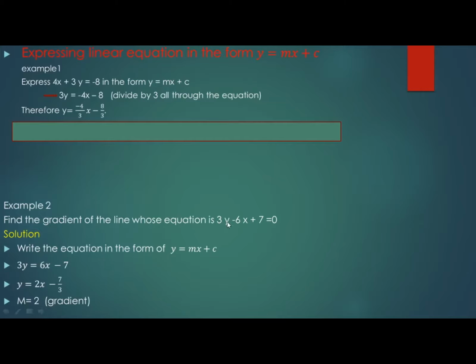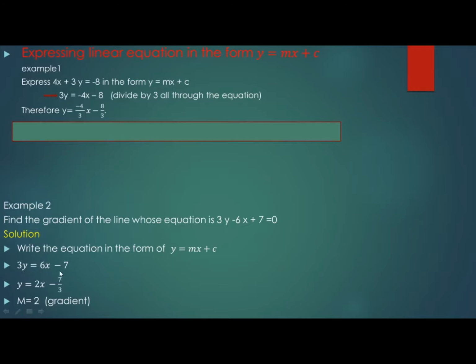So you take 6x to the right hand side and 7 to the right hand side. It will be 3y equals 6x minus 7, because 6x was negative and becomes positive, and 7 was positive and becomes negative.